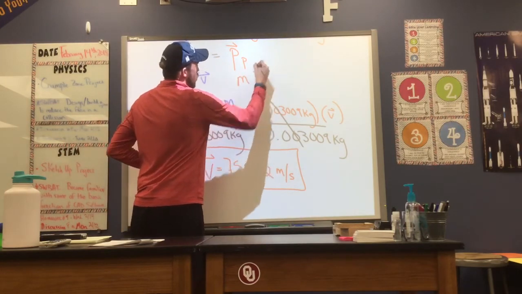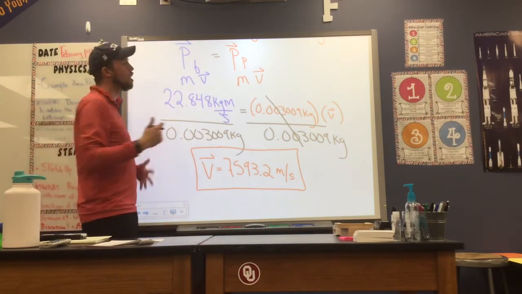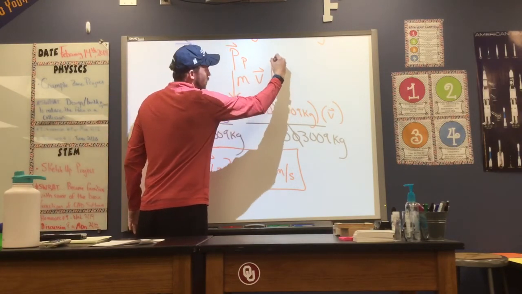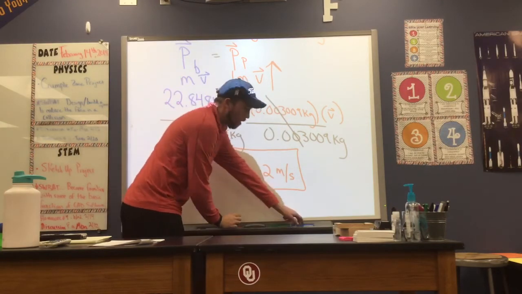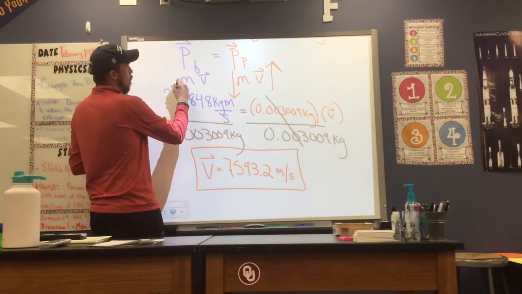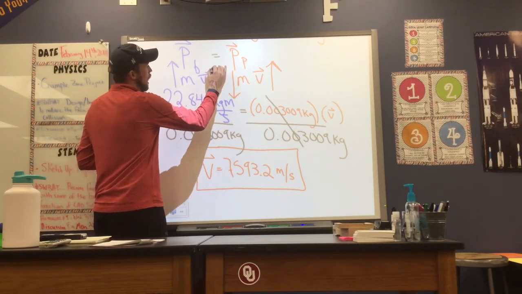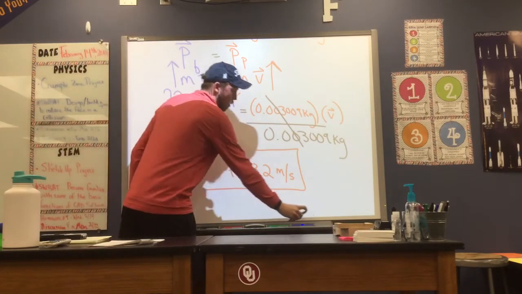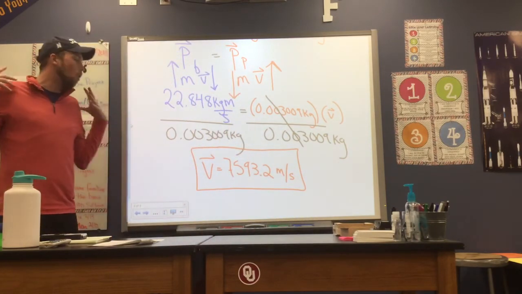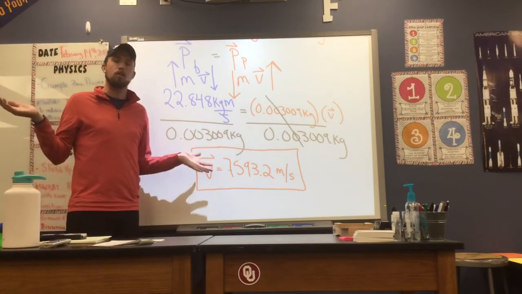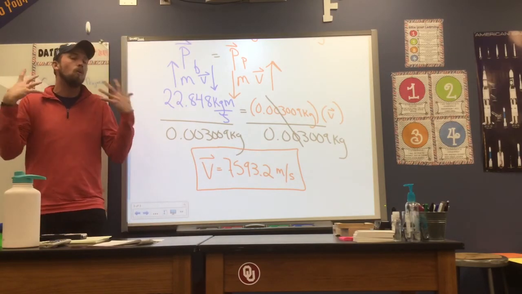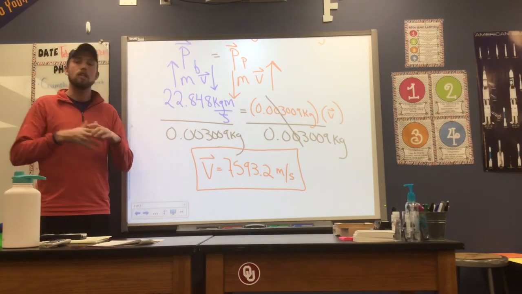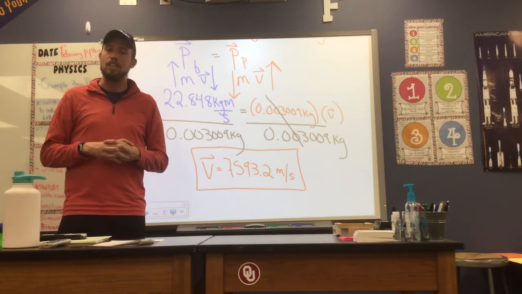So in order for the momentums of those objects to match, we have a very small mass, meaning we have to have a very large velocity to equal a ball with a very high mass and a low velocity. Those are both proportional variables when it comes to momentum, so we have to understand why that number is so large. Don't be afraid of big or small numbers; we just need to understand why they are the way they are. Hopefully this gets you going in the right direction solving this problem when setting the momentum of two objects equal. Good luck.